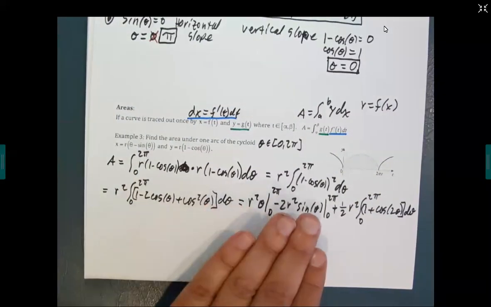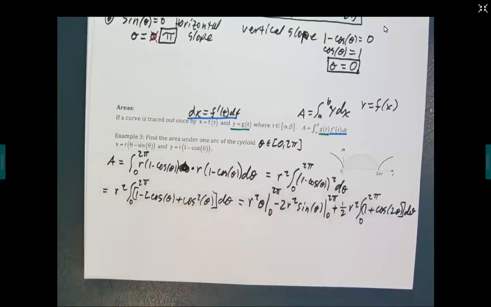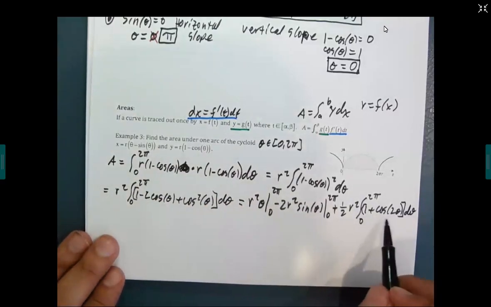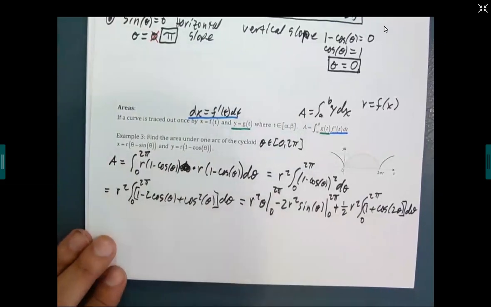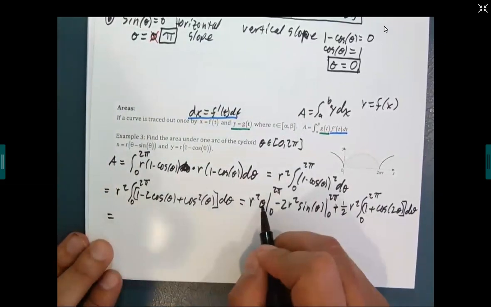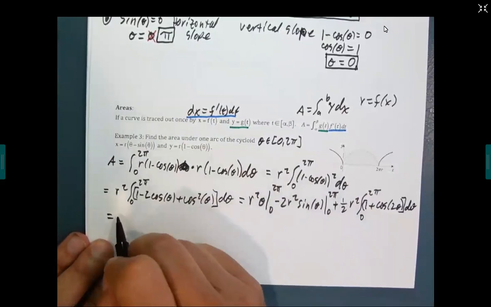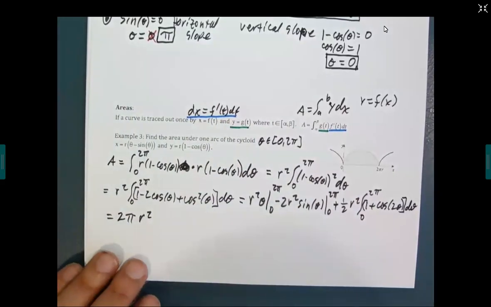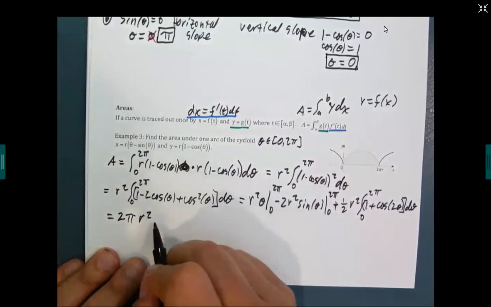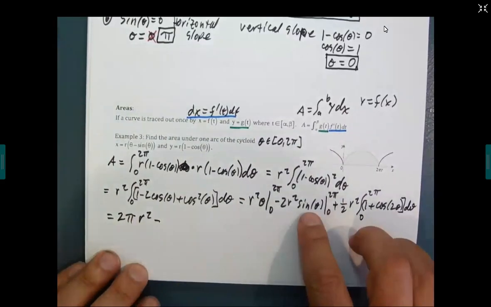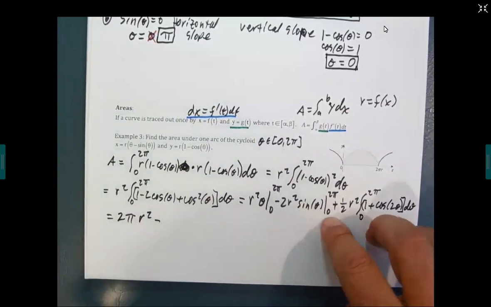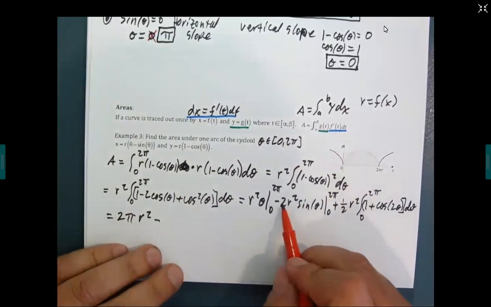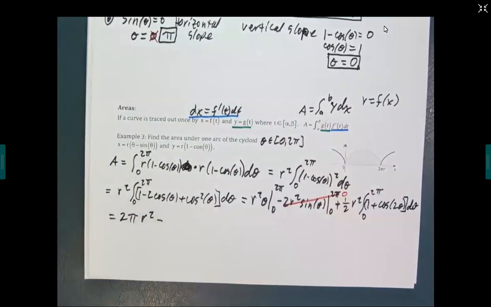So I'm going to handle each of these three pieces separately. Now the 1/2 comes from the formula for cosine squared. So here, when I plug in 2 pi and 0, I get 2 pi r squared minus, here's the good news, sine of 2 pi is 0, sine of 0 is 0. So this whole thing here goes to 0.